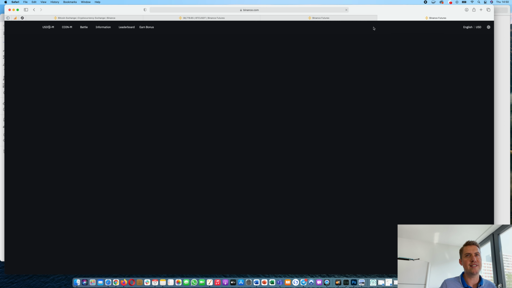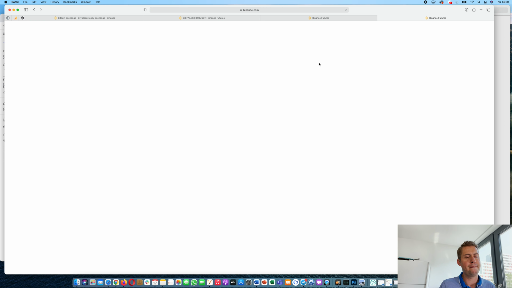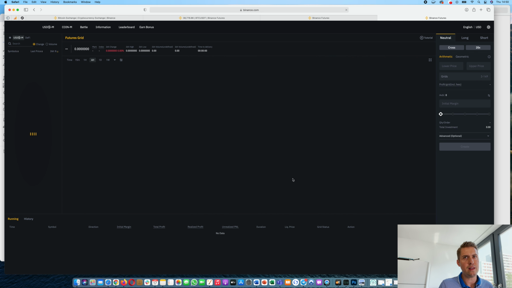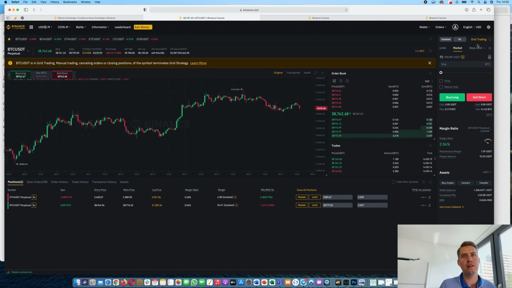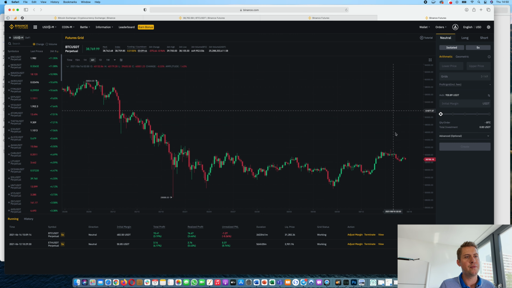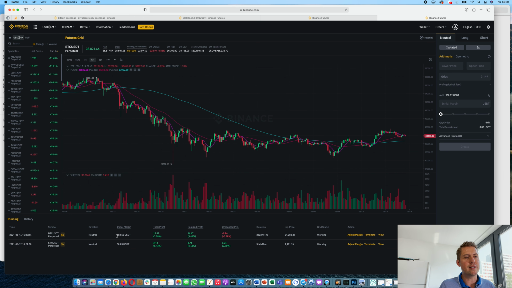I just click the grid trading tab, and then it loads a new page. I have one with 500 USDT and it's leveraged, so it's 2,500 USDT in total. And here I just wanted to try something out with Ethereum, so it was very small.